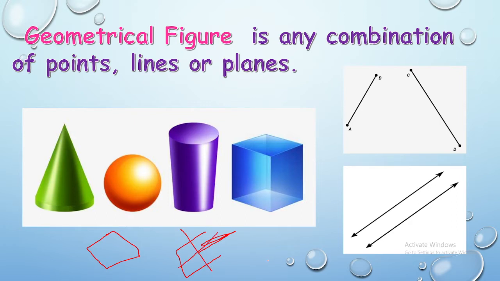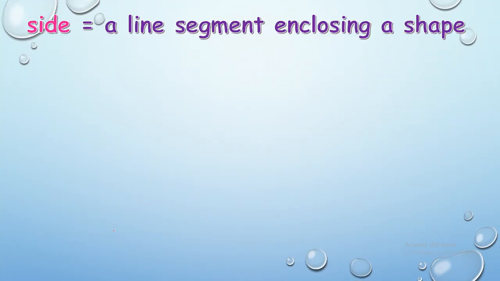When you say a polygon, a geometrical figure, it has lines or maybe points. The points are here where you start the line. So if you put them together, you connect them to each other and then enclose it, it will become a polygon, a geometrical figure.